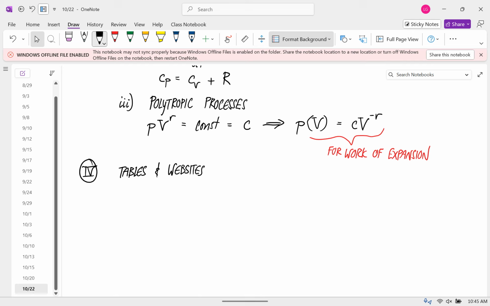At saturation, you need one property to look up the others.